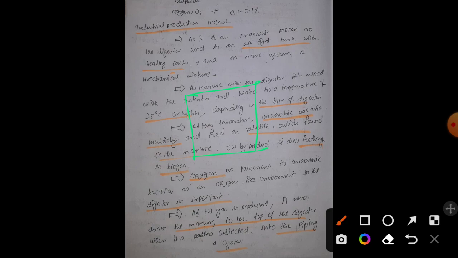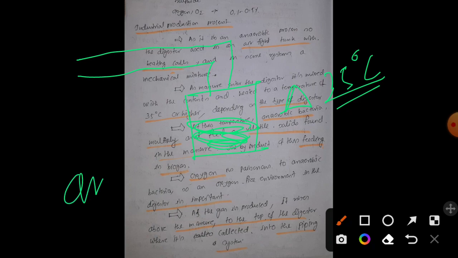We add manure here and it is mixed. Then we heat it at a temperature above 35 degrees centigrade, and as a result anaerobic bacteria will multiply. As we are using anaerobic bacteria, remember the container should be oxygen free. Oxygen is poisonous to anaerobic bacteria.